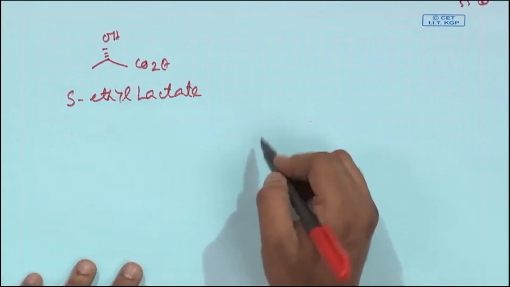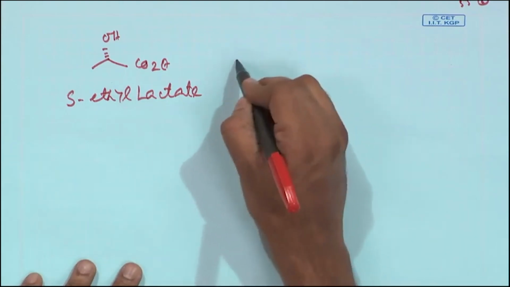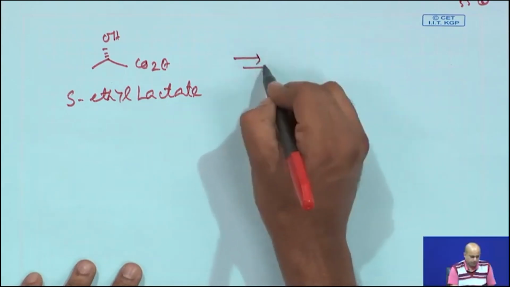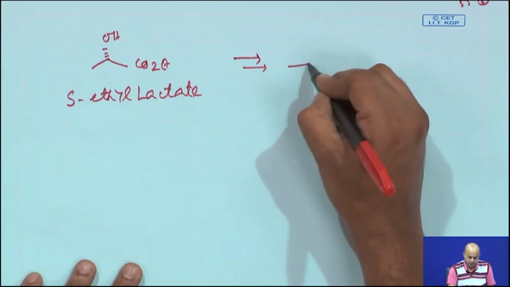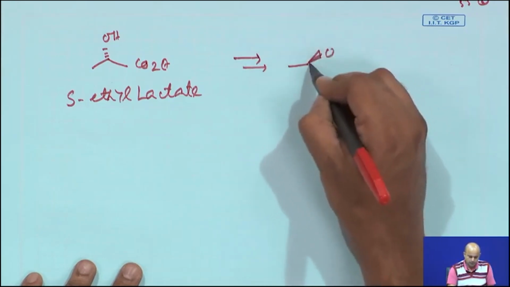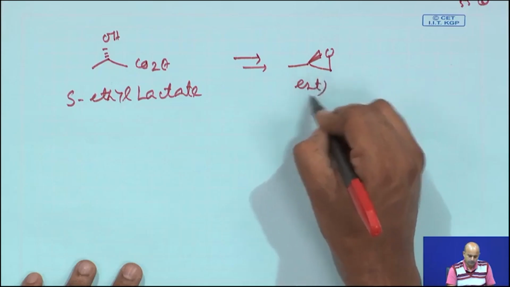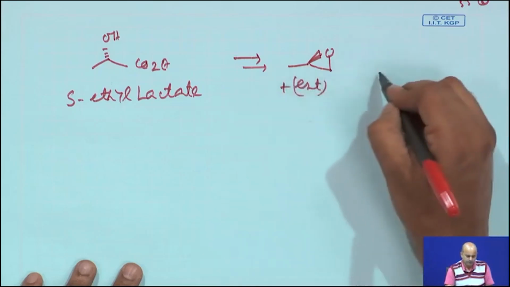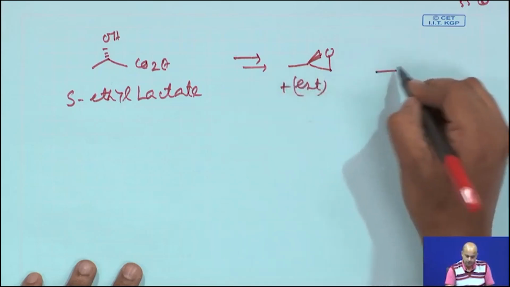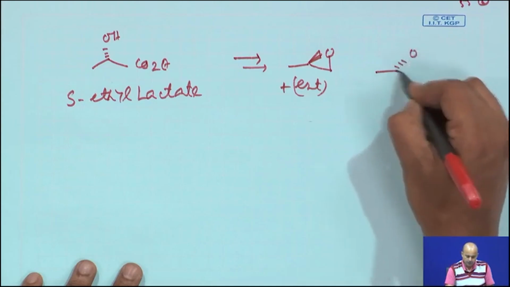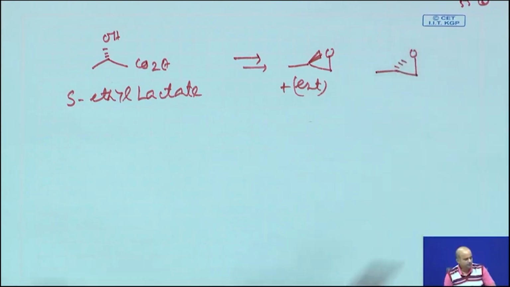For this compound, what do you need to do? You need to prepare both enantiomers of the epoxide of this compound. So this is one enantiomer, say the plus enantiomer, and the other enantiomer you also need to prepare. Now you have to think about how you can do it.